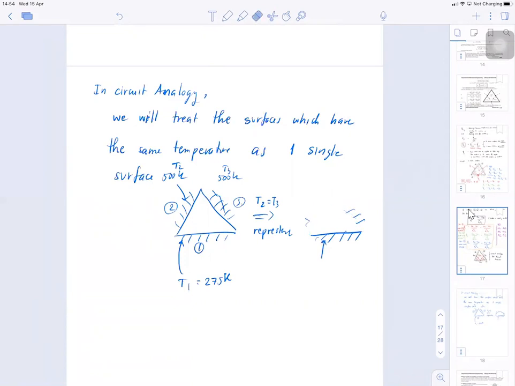This is T1 equal to 75 Kelvin, surface 1. And this is surface 2, T2 equal to 500 Kelvin.